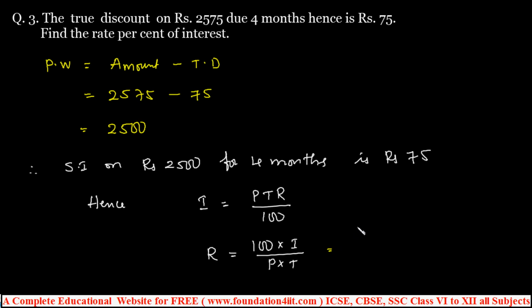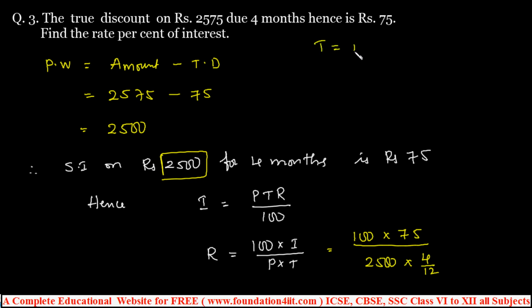So rate percentage is equals to 100 into I, which is 75, by present worth principal, this is 2500, into time, which is 4 months. T is equals to 4 months, but time should be in years. 4 months is 4 by 12 years. If you divide by 12, it will convert into years. 4 by 12. Just you can simplify this.